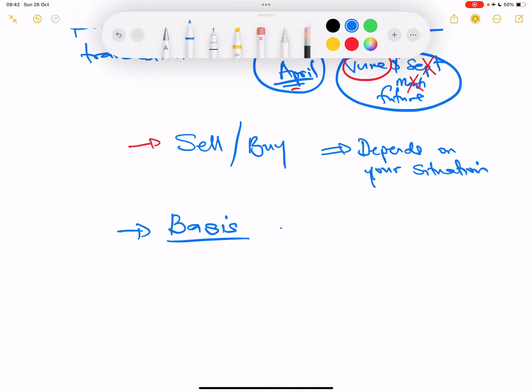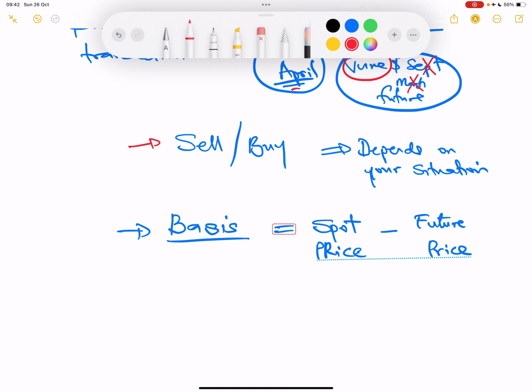And this is simply equal to, how do you calculate it? Any day you want to calculate it, ask yourself, what is the spot price on that day? When you know the spot price, then ask yourself, what is the price of the future on that day as well? So the spot price minus the future price is your basis.